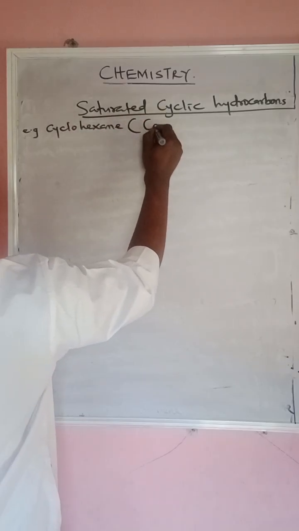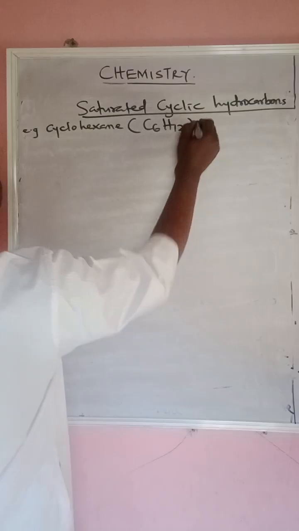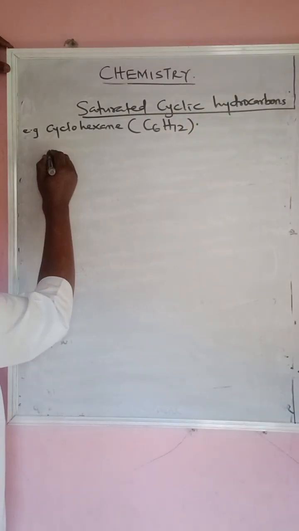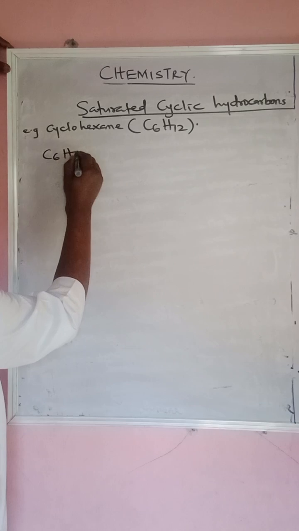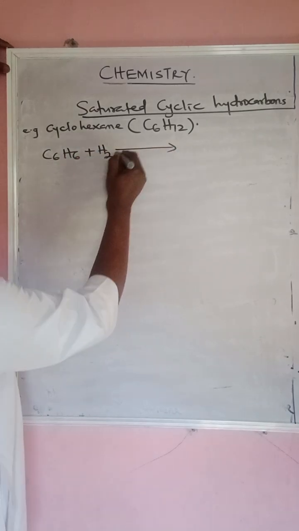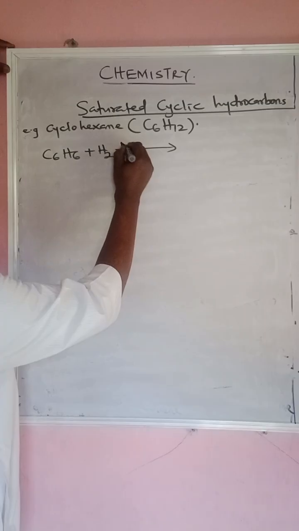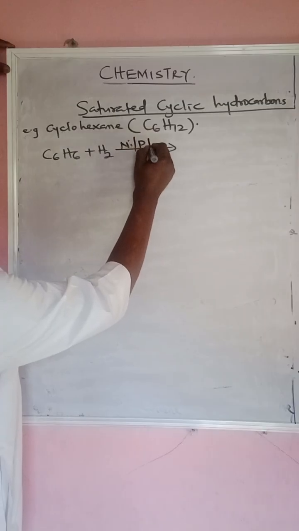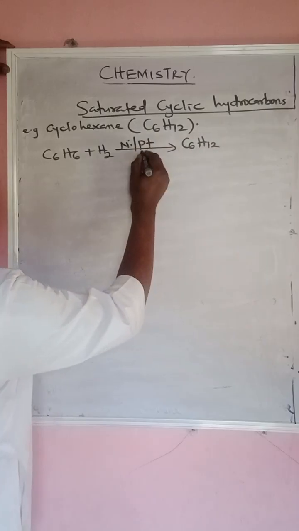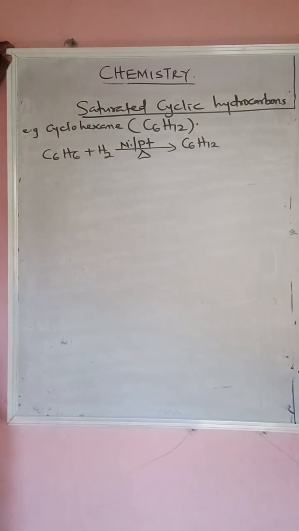Take note of that. Cyclohexane is formed from benzene by catalytic hydrogenation, with nickel or platinum catalyst, to form C6H12.